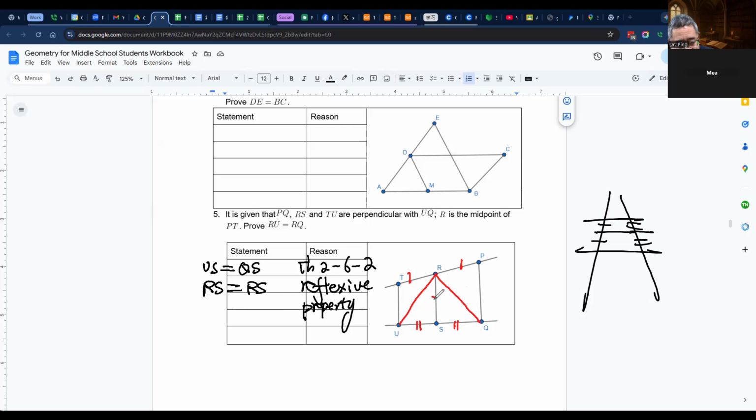And this by itself is congruent to that. And so we know this one is congruent to this angle.